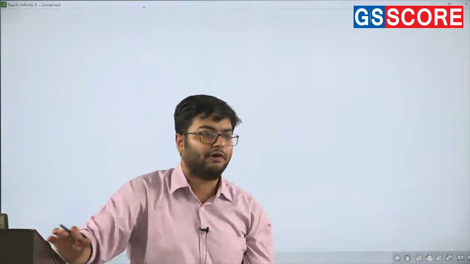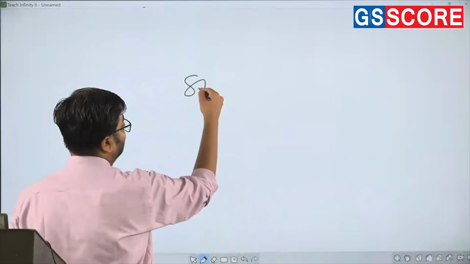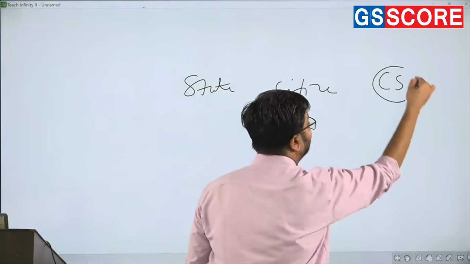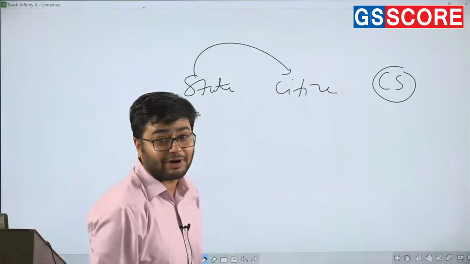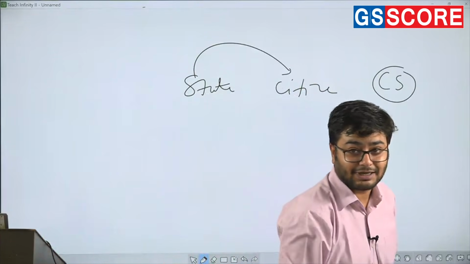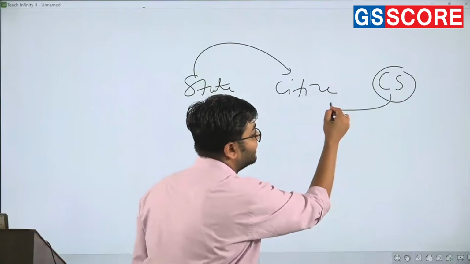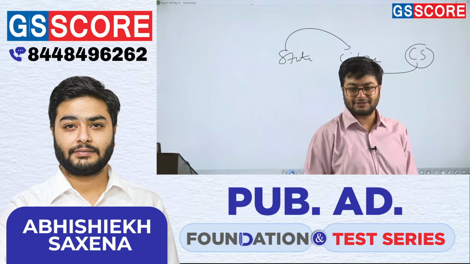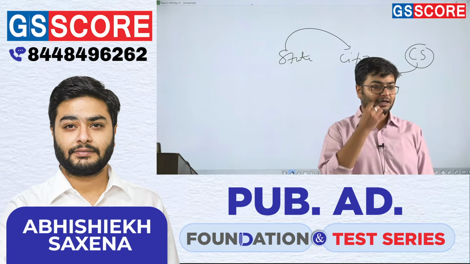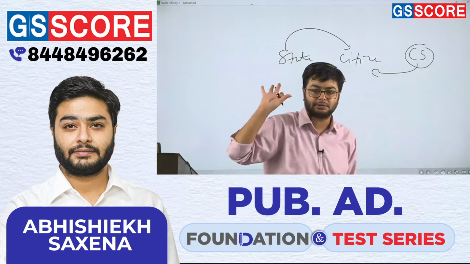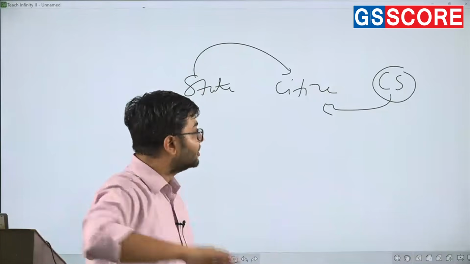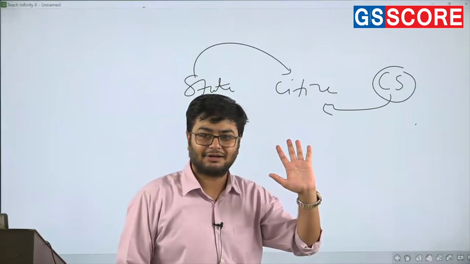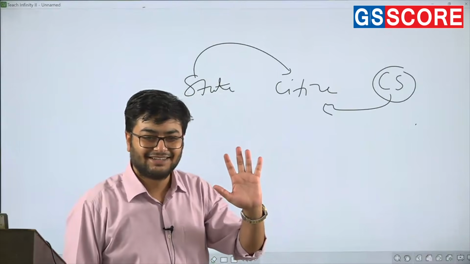Right? That is the state, citizen, civil society. The traditional role of the state was to provide for the expectations of the citizen. Now that thing is being done by civil society. This is the conceptual critique.